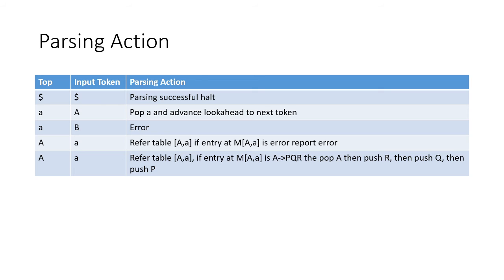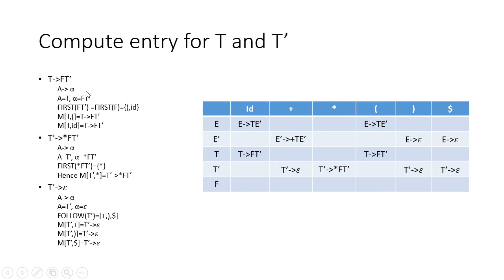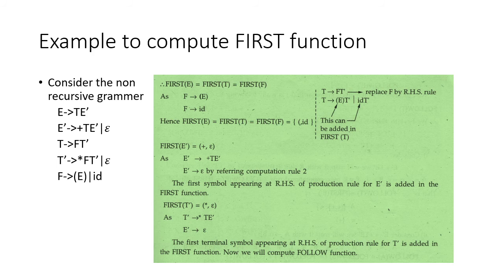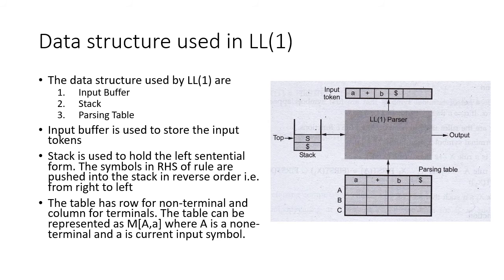Now before we do that, let's look at a few actions which are there. Let's go back to the beginning. You see that in the LL1 parser we have a parsing table and a stack. This parsing table we have already created just now.